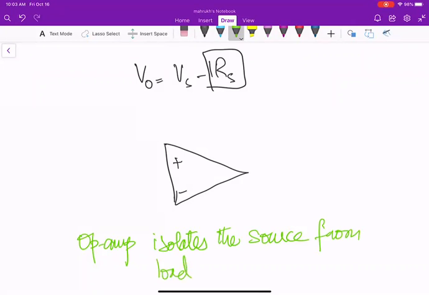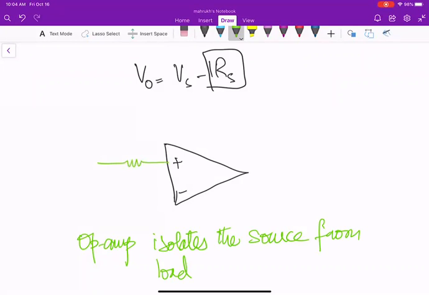Do you understand this? Why are we not using a simple resistive network to get the output voltage? We are putting in a network that will isolate the source voltage from the load voltage.